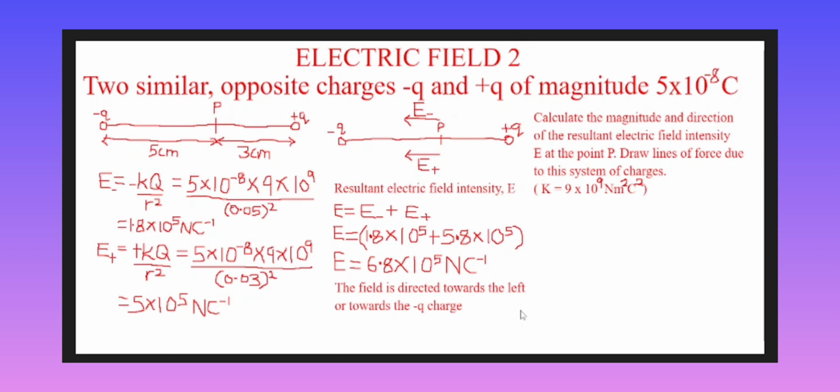Our K, which is also equal to 1 divided by 4 pi epsilon naught, is equal to 9 times 10 raised to power 9 Newton meter square per coulomb square.